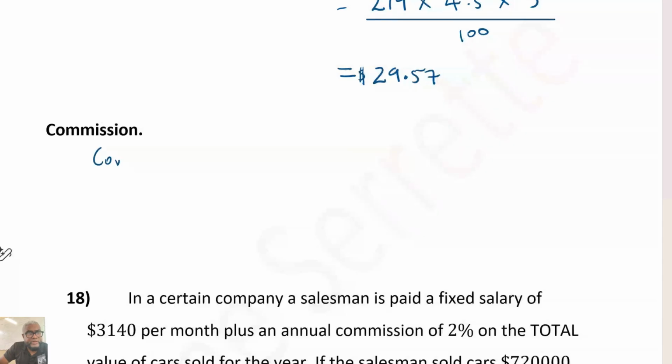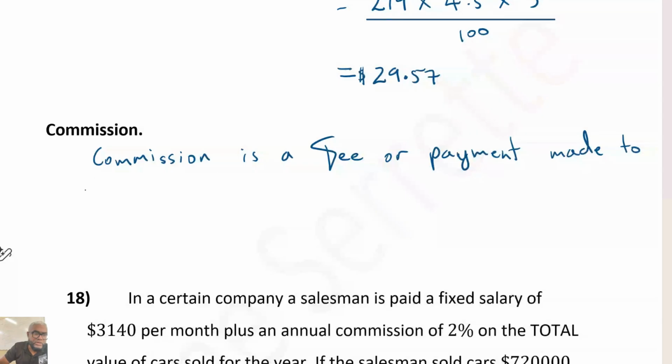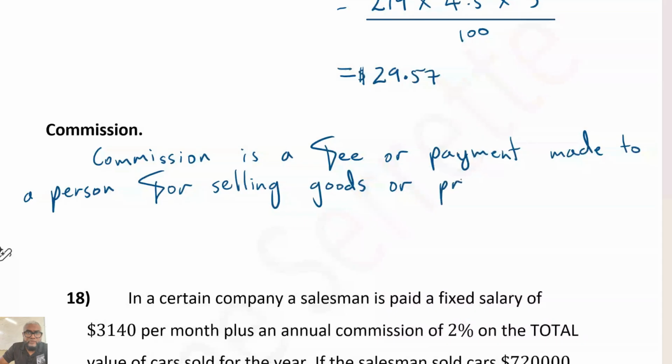Commission is a fee or payment made to a person for selling goods or providing a service.